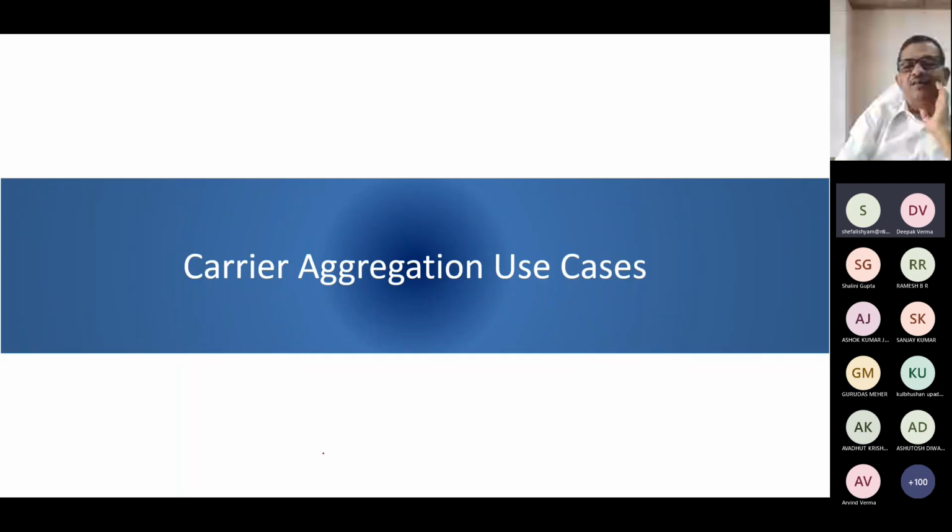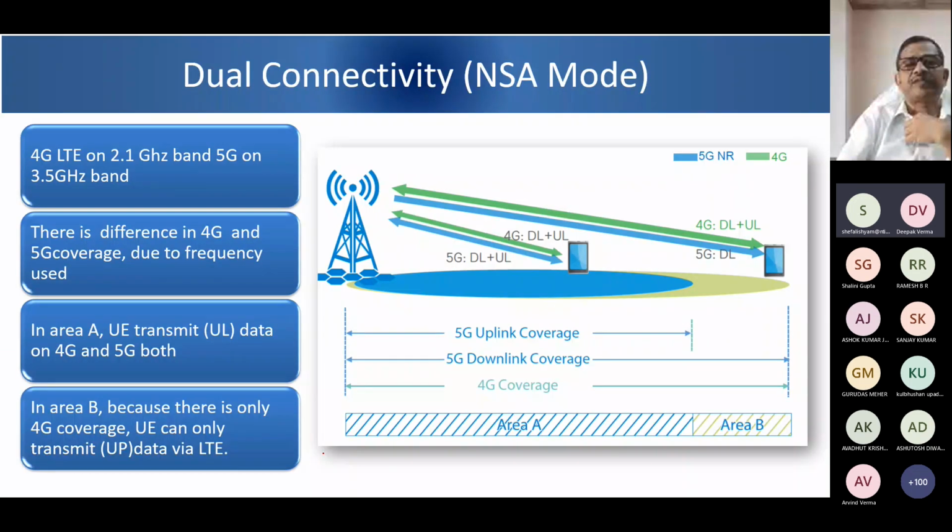Now let us look at various use cases of carrier aggregation. So just yesterday somebody had asked me about SA and NSA mode. I had explained that the NSA mode is when you deploy 5G radio into the 4G network. We call it NSA, non-standalone.